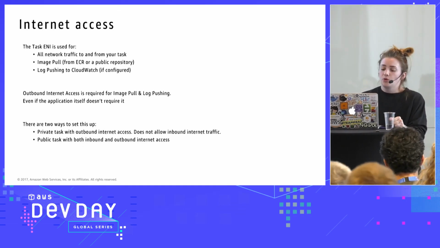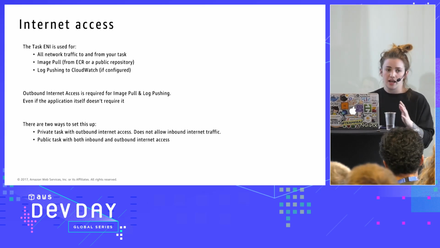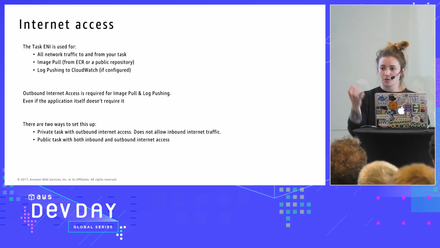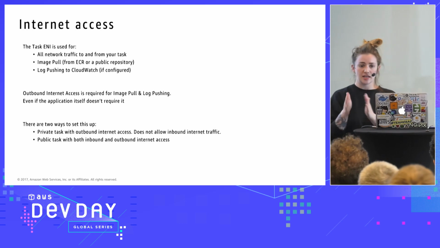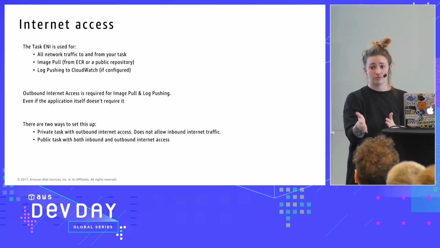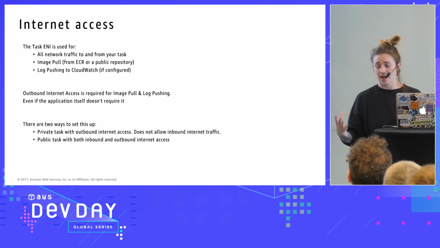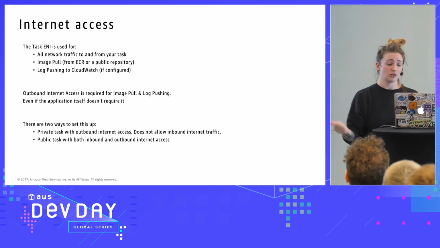If you want to be able to pull images or push your logs, you need outbound internet access. That's because if I want to be able to pull something to my container or push logs off of it, I need some sort of channel to send that over. So even if the application running on that container does not require internet access, I do need outbound internet access in order to push logs or pull images.